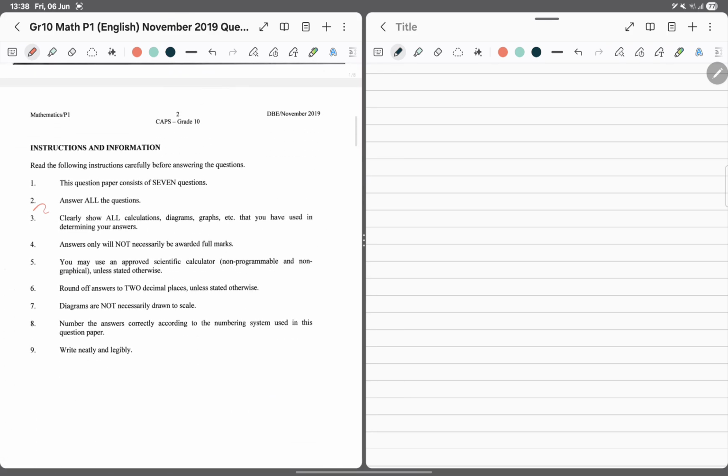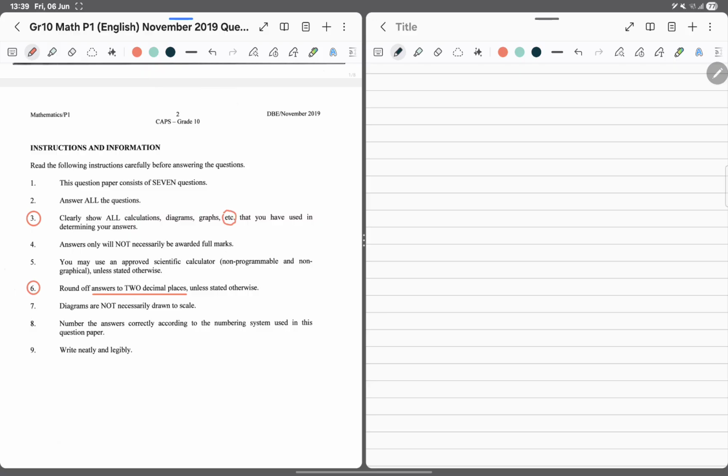Of course, please guys, read instructions carefully with understanding, committing these to memory during any exam. Here we are rounding off to 2 decimal places unless otherwise stated. We clearly show all calculations, diagrams, graphs.